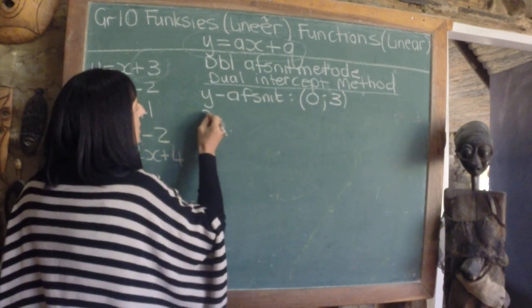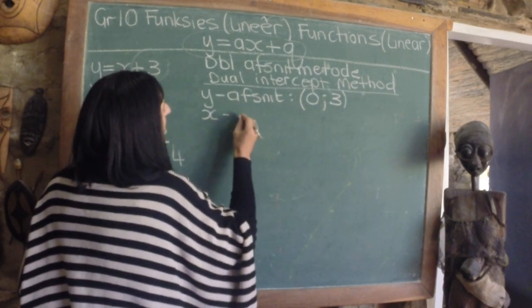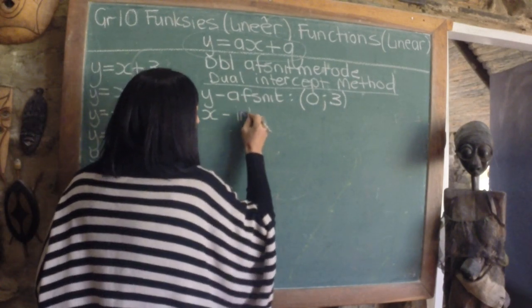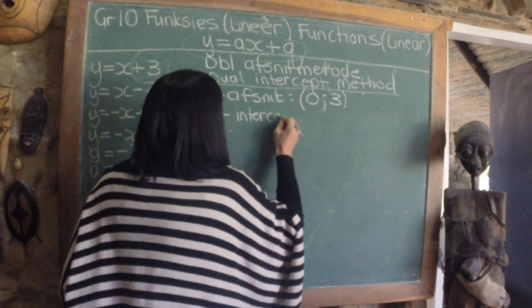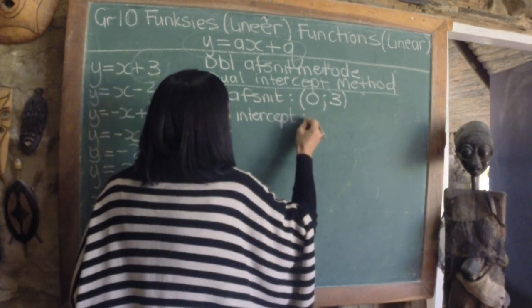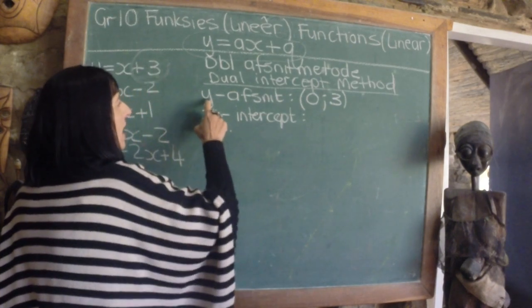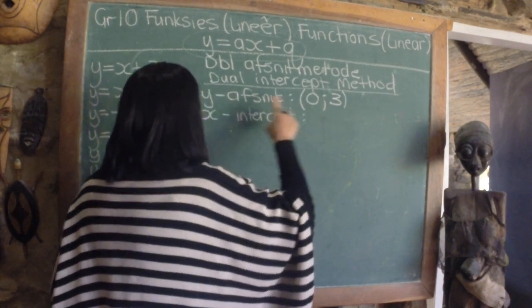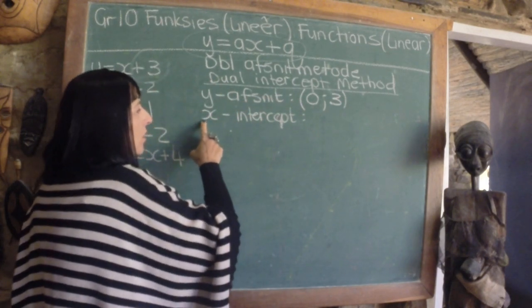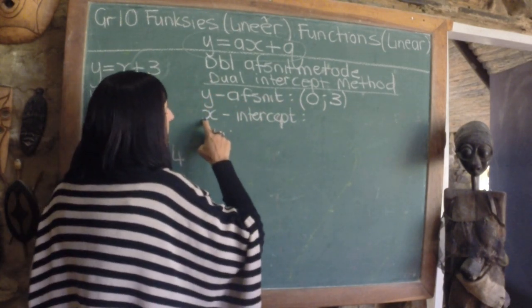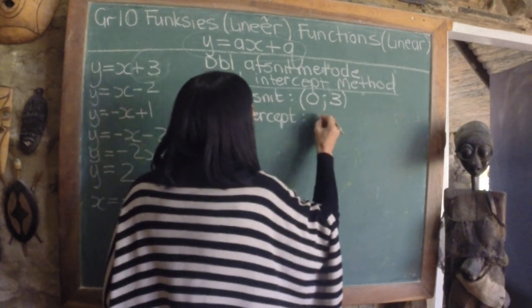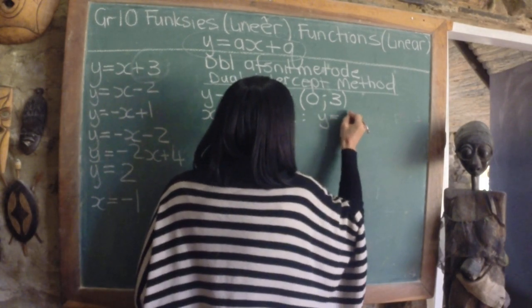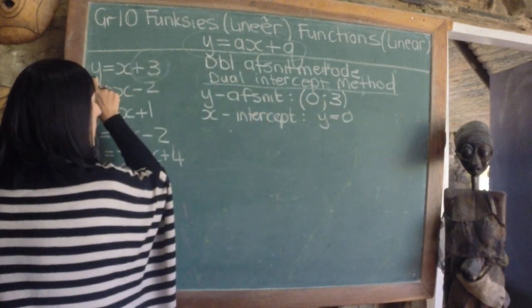The next thing you need to do is to determine the x-intercept. Hoe gaan ons die x-afsnit uitwerk? As ons die y-afsnit kry, is x 0. So hoe kry ons die x-afsnit? When you work out the x-intercept, y equals 0. So kom ons gaan maak nou vir y 0.